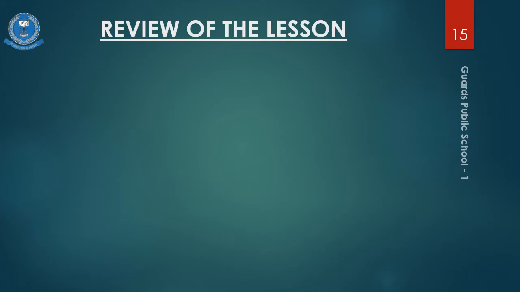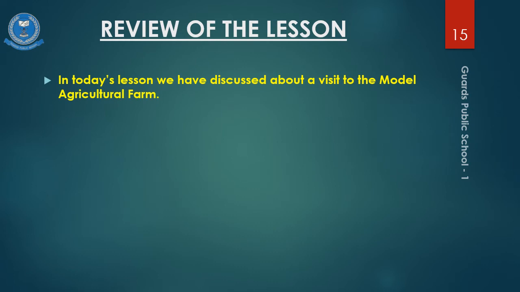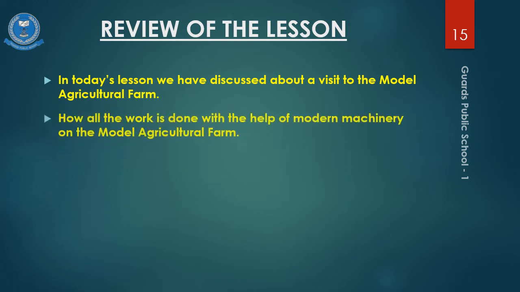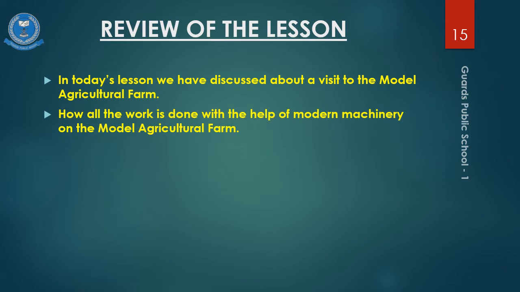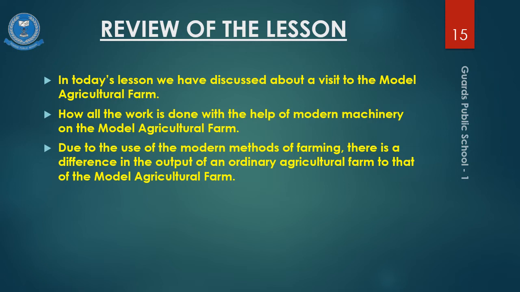Let's review the lesson. In today's lesson, we have discussed a visit to the model agricultural farm, how all the work is done with the help of modern machinery on the model agricultural farm. Due to the use of the modern methods of farming, there is a difference in the output of an ordinary agricultural farm to that of the model agricultural farm.